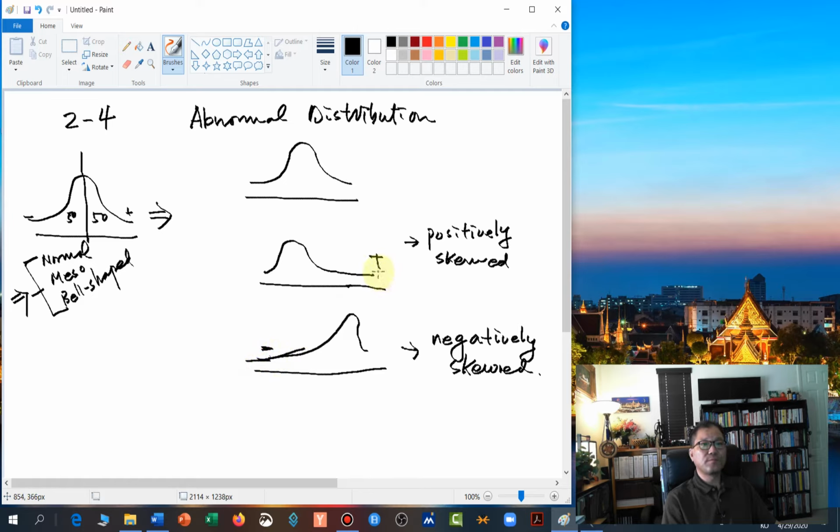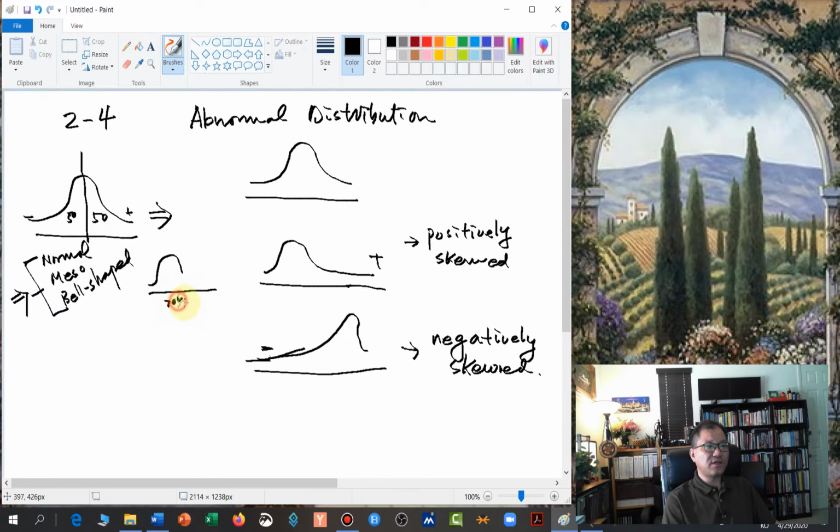Okay. So let's take a look at one example for positive skewness. A lot of people make right here $70,000. If you collect data on the annual income of Bill Gates or Mark Zuckerberg, Facebook CEO, their numbers will be $10 billion.